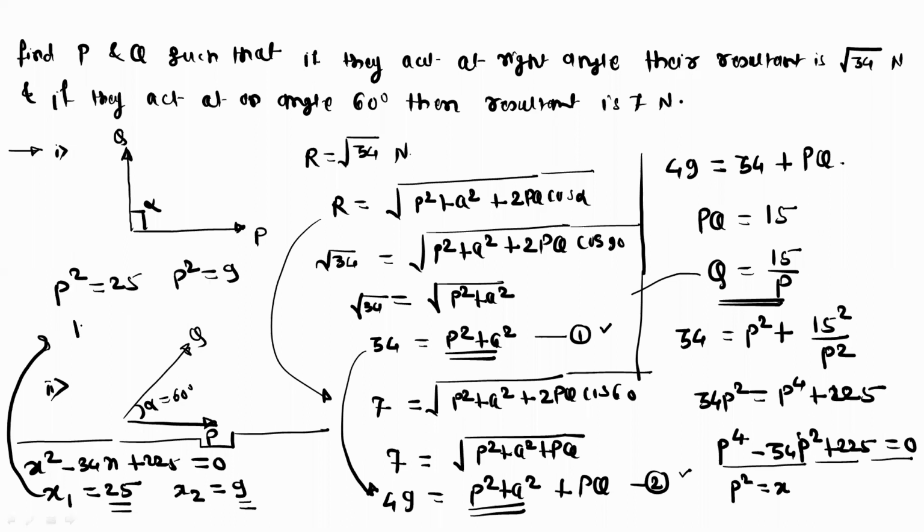So we get p equal to 5 and p equal to 3. If you put p equal to 5 in this equation, then we have q equal to 3. And if you put p equal to 3, you will get q equal to 5. So this is the final answer for p and q.